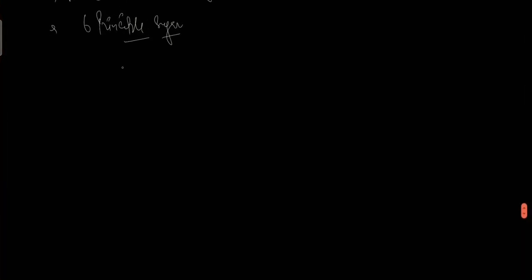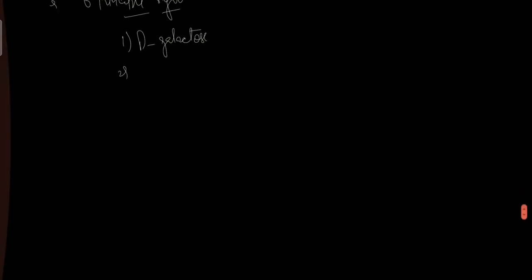So these 6 sugars are D-galactose, and I hope you know what is D and what is L, dextro and levo rotation. It's about the rotation. One moves in the right direction, the other moves in the left direction.